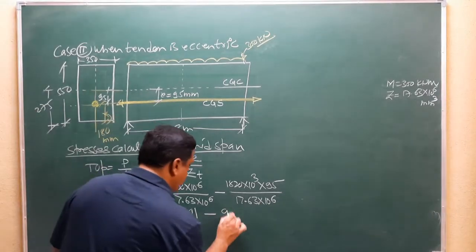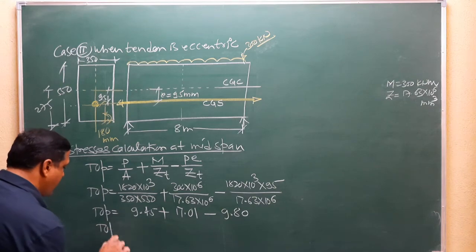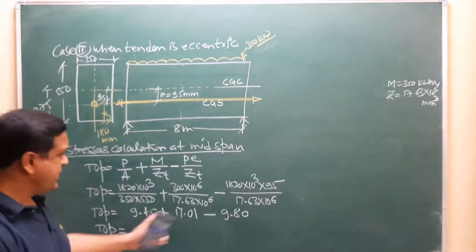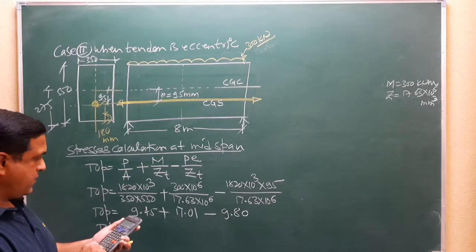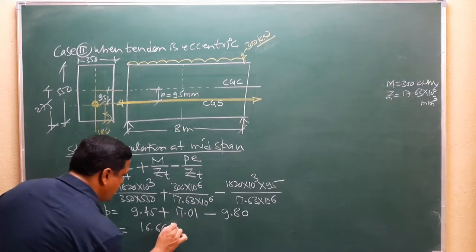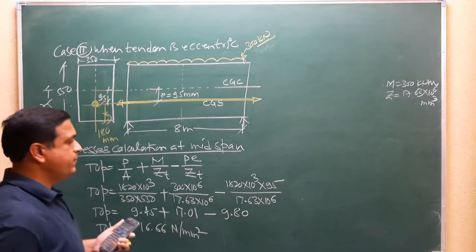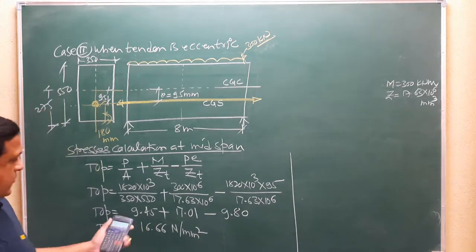This term is 9.80. Now the top fiber stress, to take the summation: 9.45 plus 17.01 minus 9.80. So this is 16.63 Newton per mm square. You can write megapascal also. Is it clear? Top fiber stress.